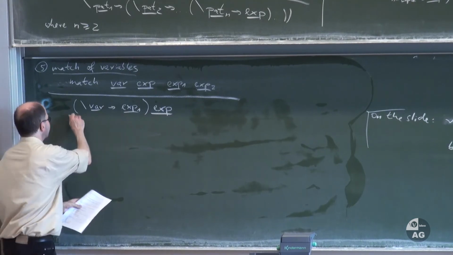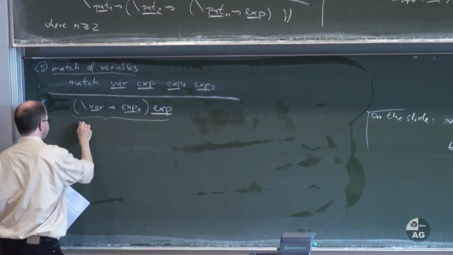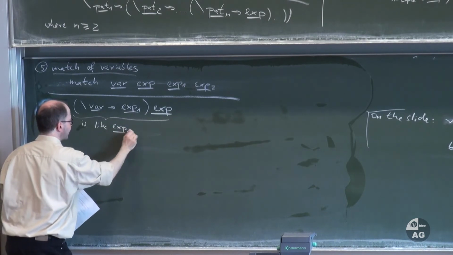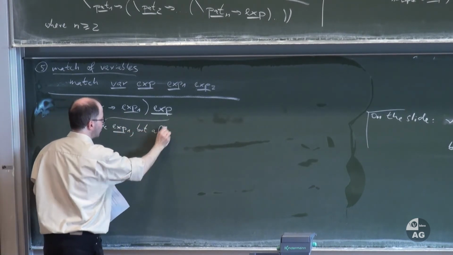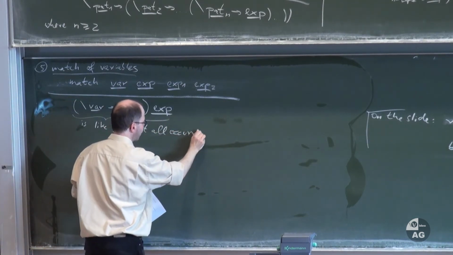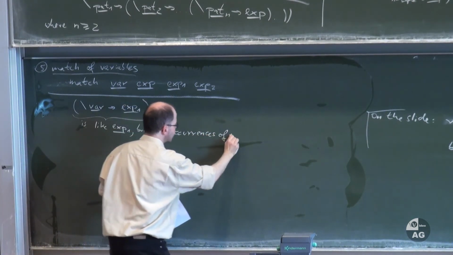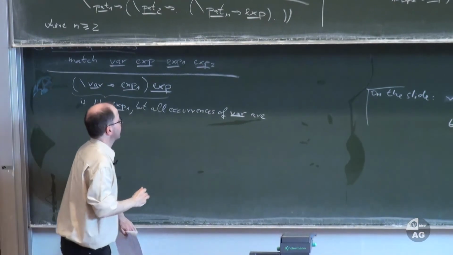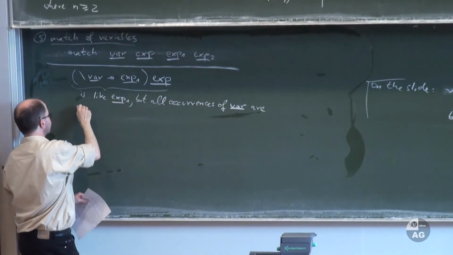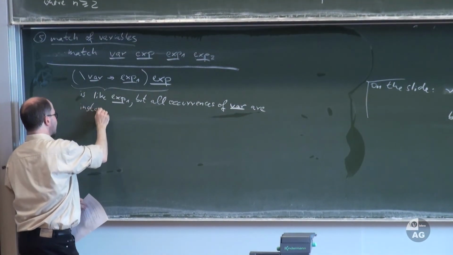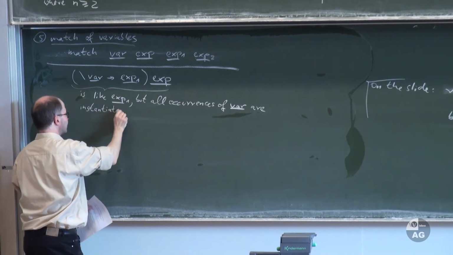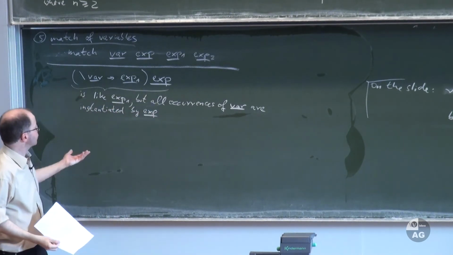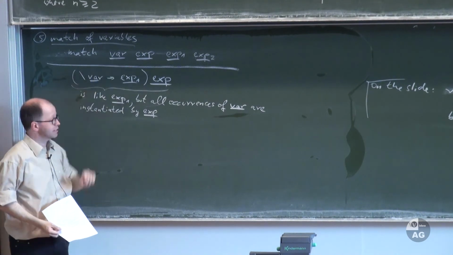So this means that this is like exp1, but all occurrences of var are instantiated by exp. And this is what's happening when I match a variable against an expression.